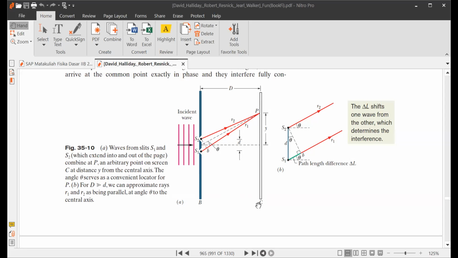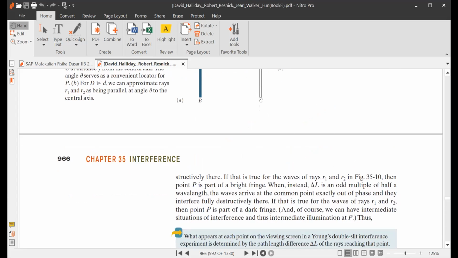Because the screen is far away, the waves coming from S1 and S2 can be considered as parallel waves, but they have different phase, because of the distance between the two slits. This path length difference delta L will cause this interference phenomenon, bright and dark.